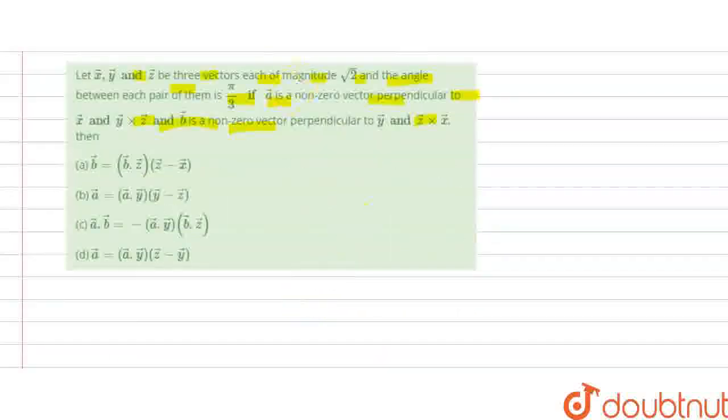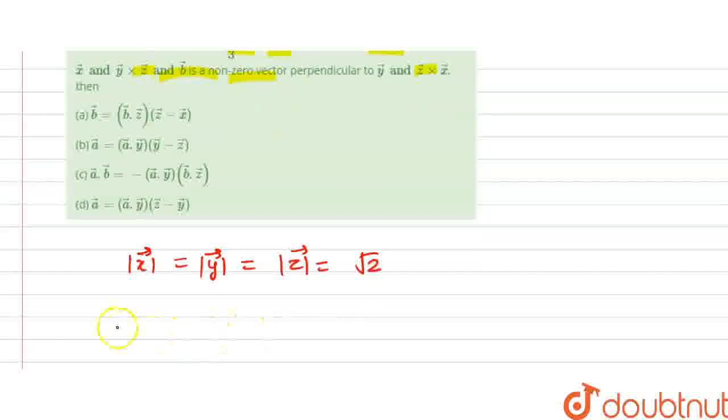So the solution of this question is: magnitude of vector x is equal to magnitude of vector y, and is equal to magnitude of vector z, as it is given in our question. So we can write here that each has magnitude under root 2.